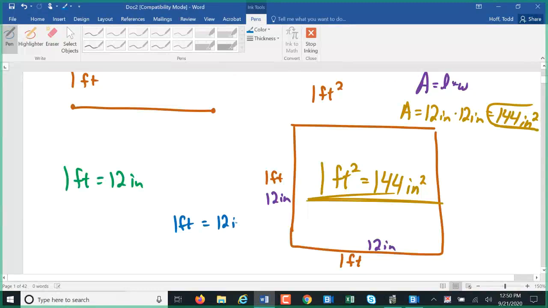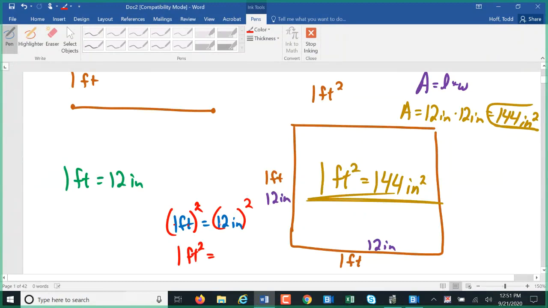If I take that relationship of 1 foot equals 12 inches, remember we talked about our rules of equations or equality a little bit, and we'll go over it way more in the next unit. But if I have two things that are equal, if I square one of them, I have to square the other. So to make 1 foot into a square foot, 1 squared is 1, feet squared or square feet.